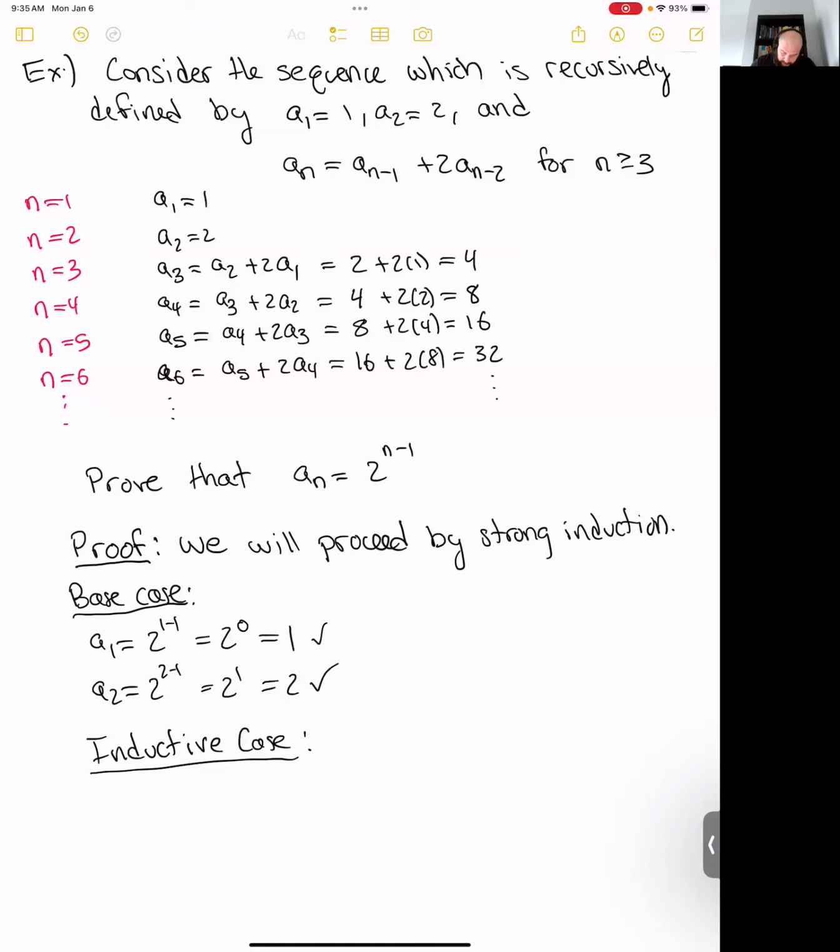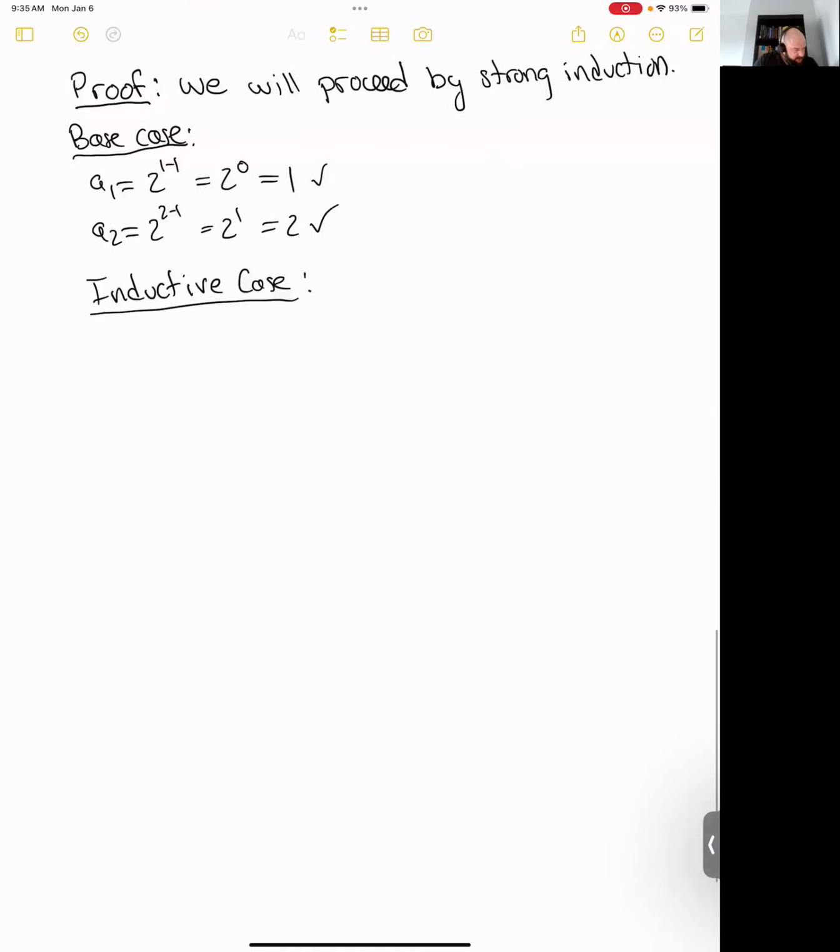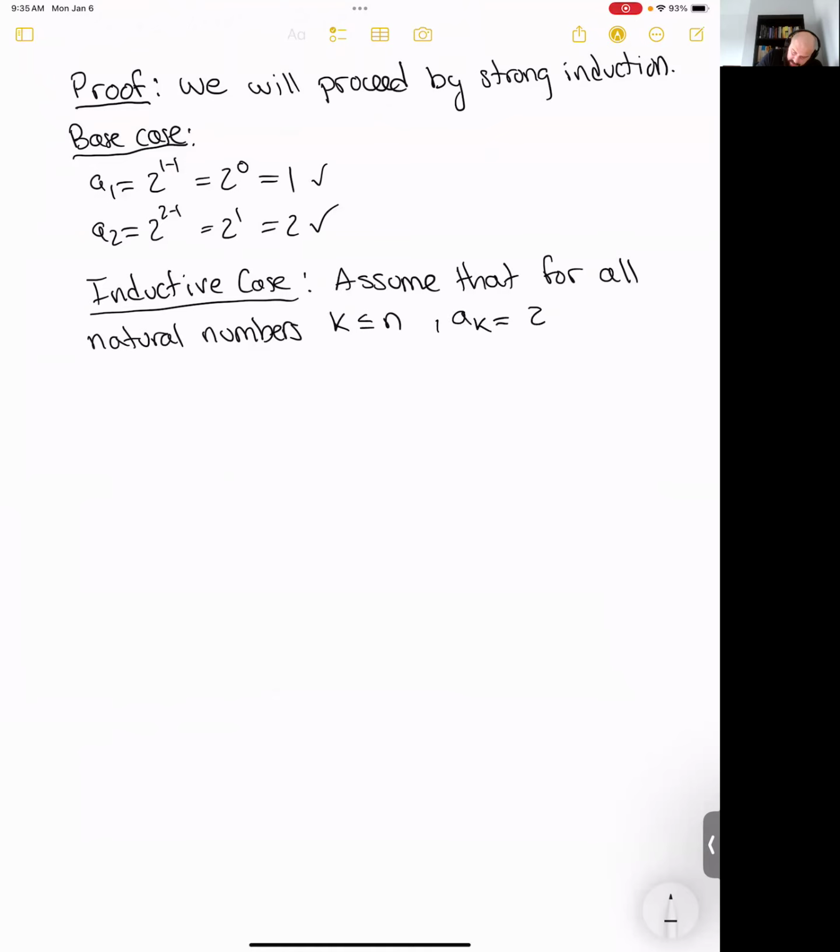In the inductive case, we need strong induction. So we assume that for all natural numbers k less than or equal to n, a sub k is equal to the closed formula, 2 to the k minus 1.